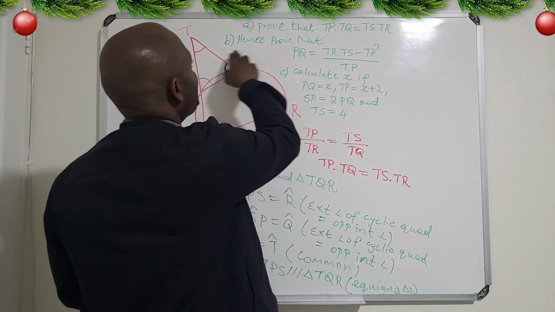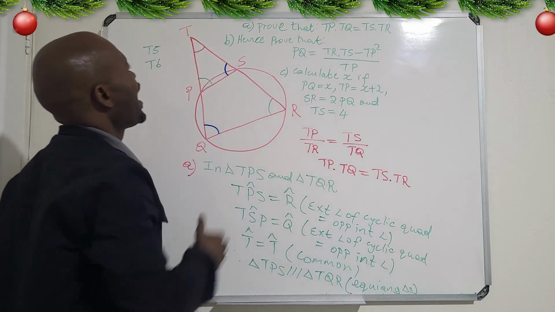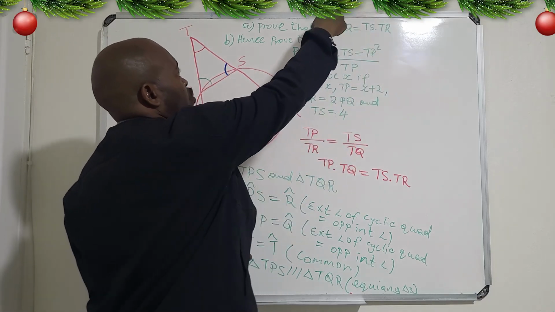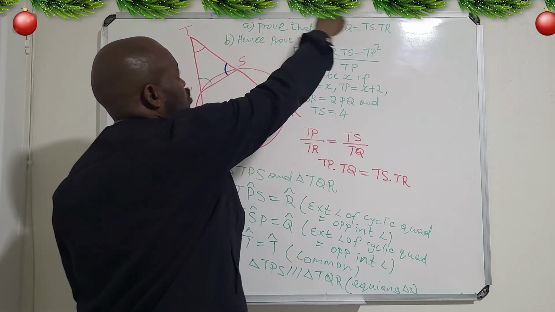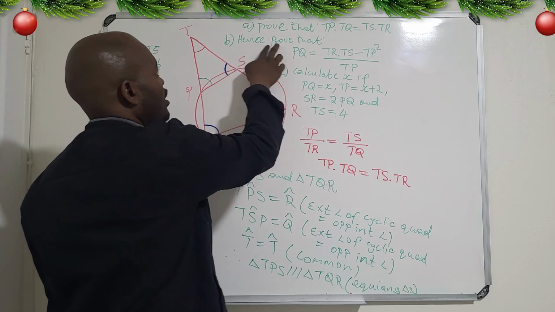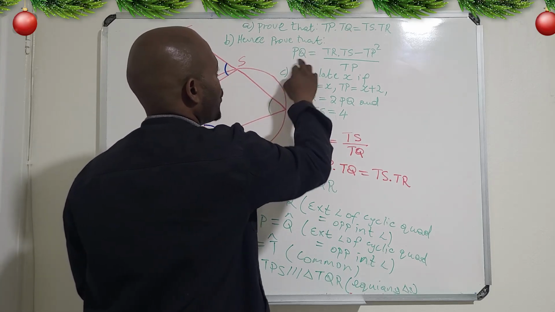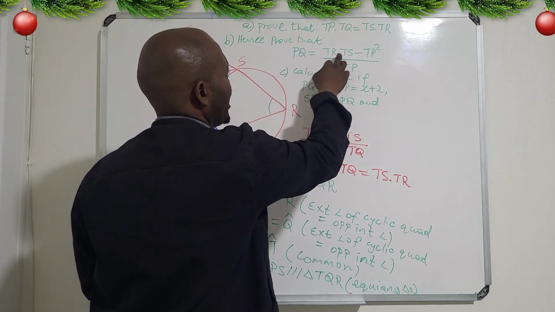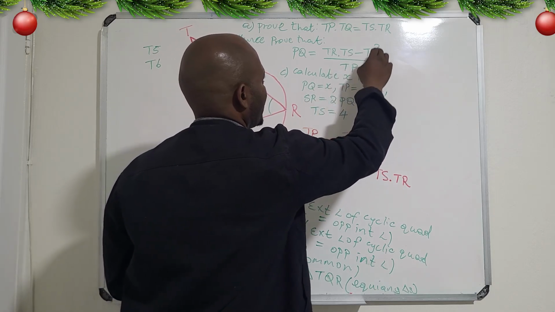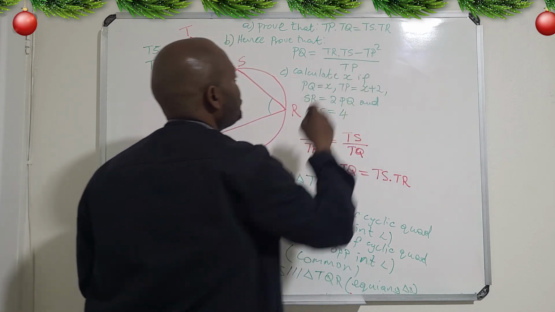Now, B, they say to us, hence. When they say hence, it means that we must continue from what we have done in A. Hence, prove that PQ is equal to TR times TS minus TP squared over TP.